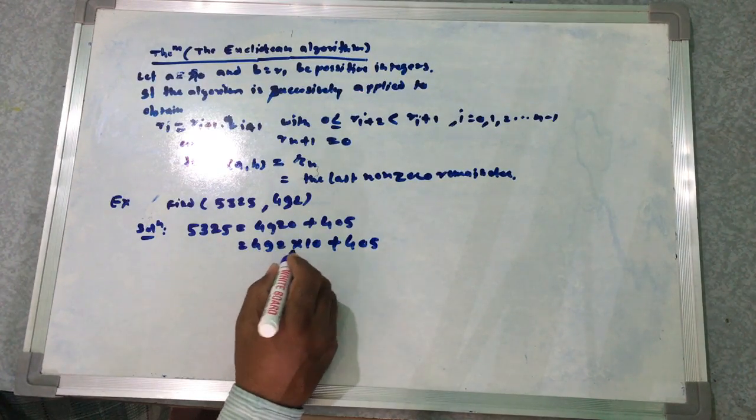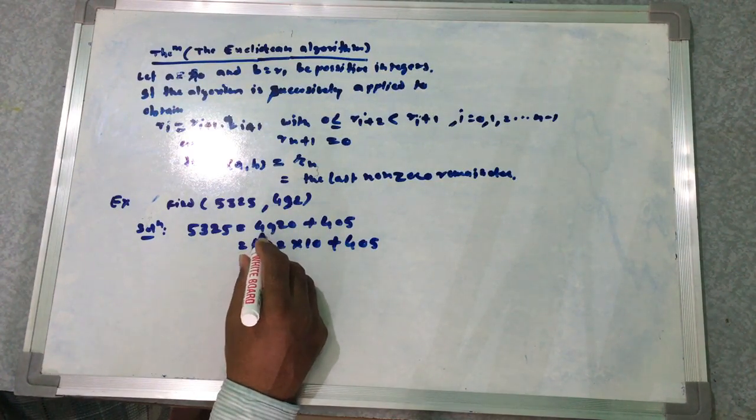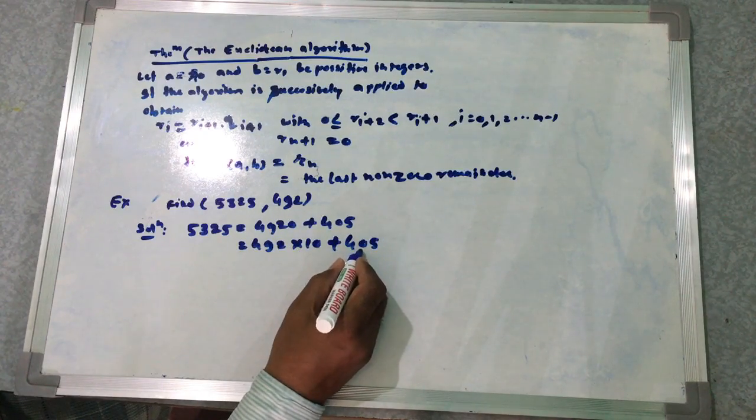This is 492 into 10, which means 4920, plus 405.